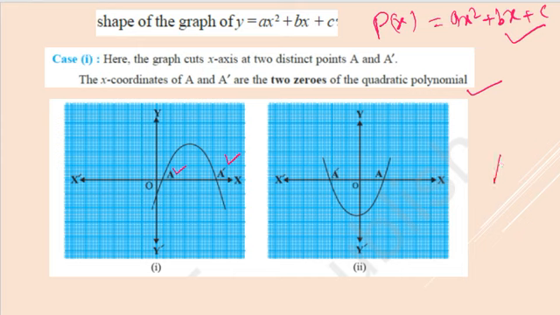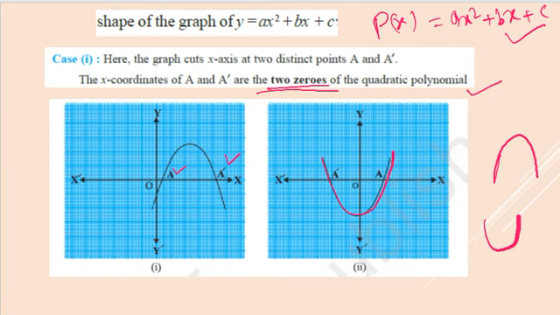You see this one is open downward. The second one is open upward, right? So it is called a parabola. You see these two distinct points cut this x-axis, so it has two zeros. Here it is written two zeros of the quadratic polynomial.